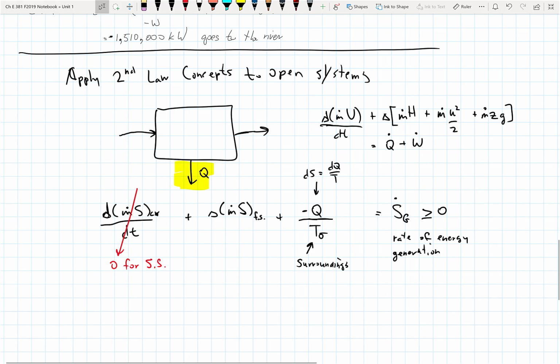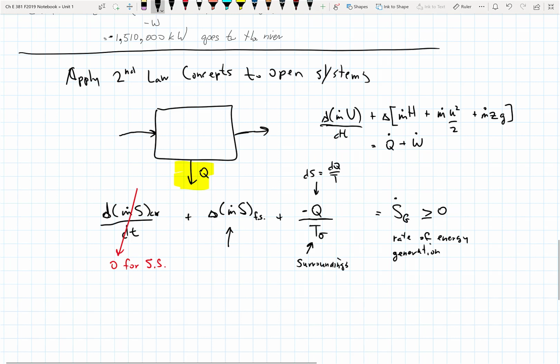Okay, now the effect of the heat transfer on the process is going to be contained within the state change of the flow streams. So if there was heat going into the system, then the entropy of the flow streams would be increasing, and the effect of that heat would be captured in this flow stream term.